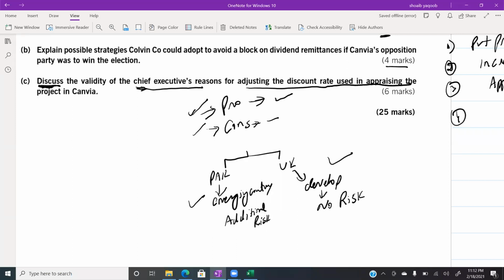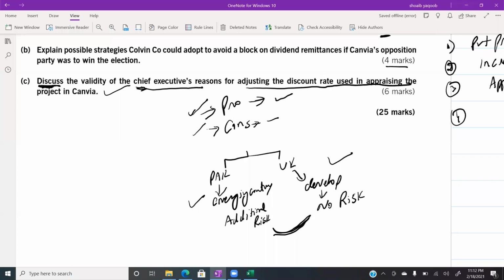So if you are in Pakistan, India, Bangladesh, UK, Euro, every country was facing that risk. So in that case, the risk cannot be diversified away by investing in different countries. So guys, this last part's answer is a more general answer.